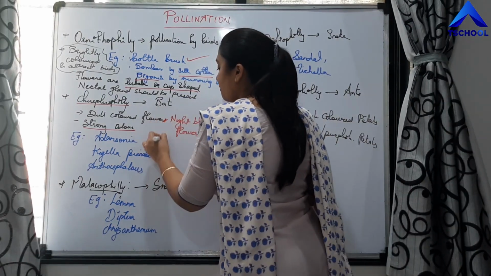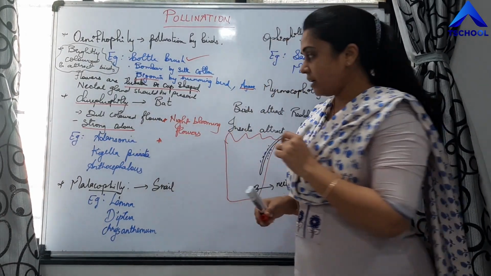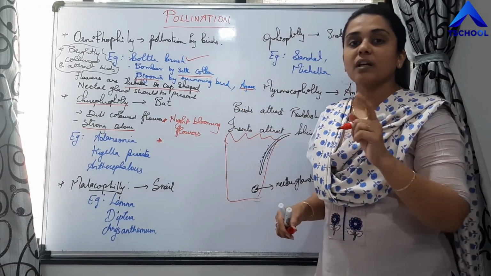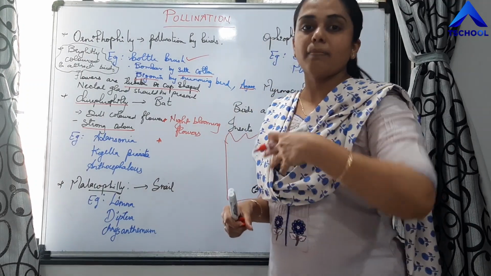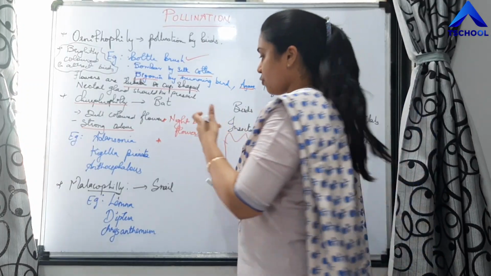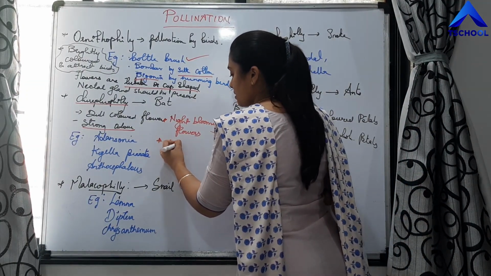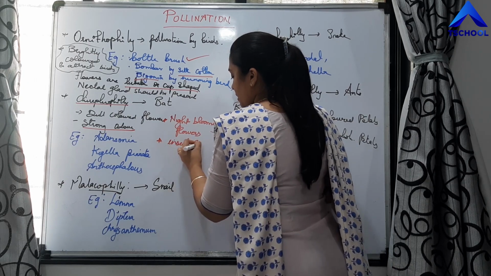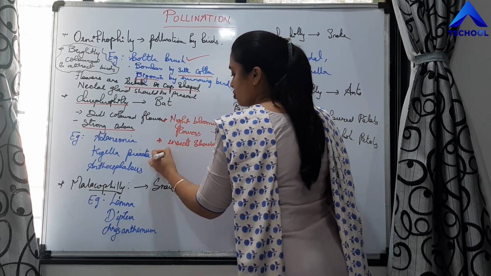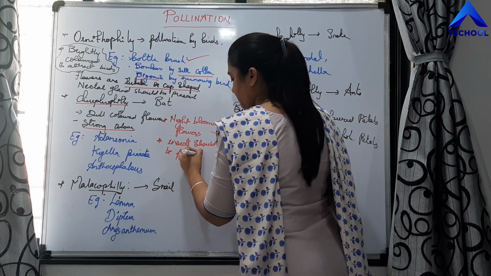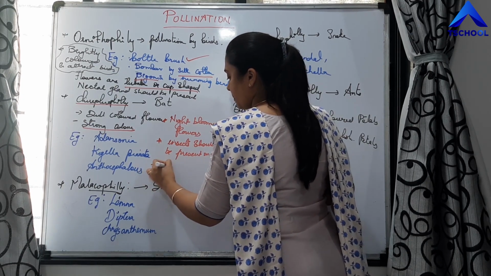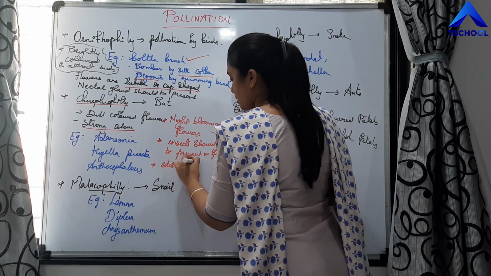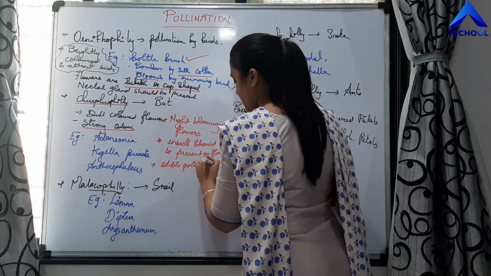Then why will the bats come? What is the reason that bats will come to the flowers for pollination? They are doing the pollination by chance, but they should get some reward. So insects should be present on the flower, or there can be edible pollen grains.